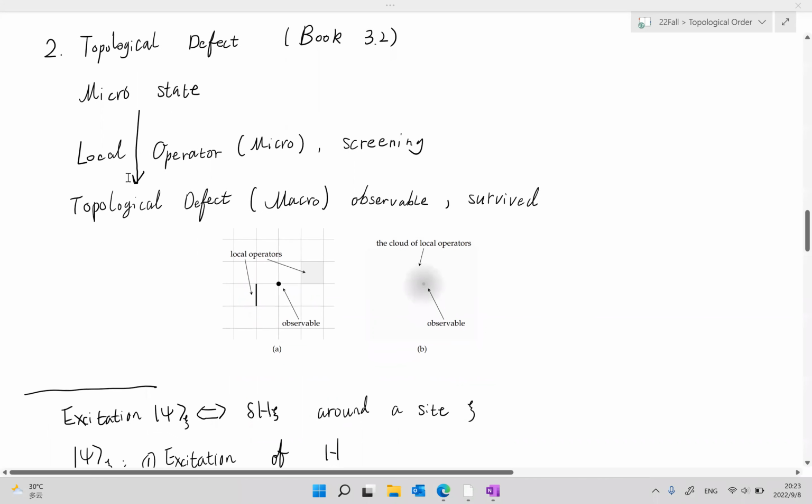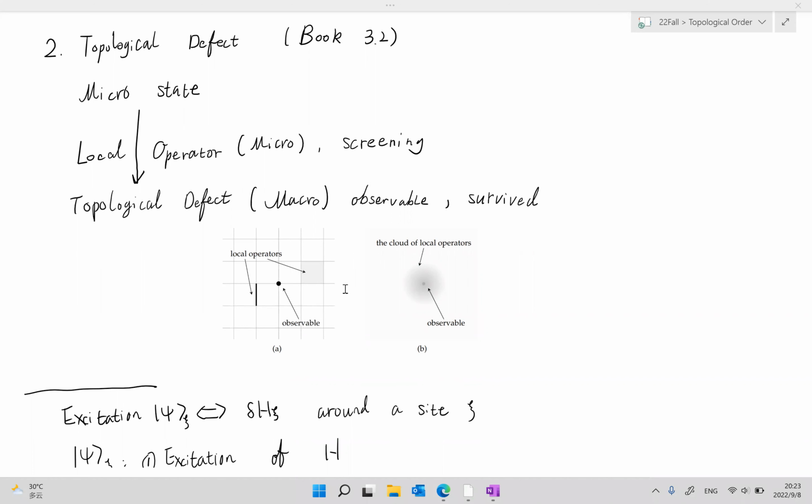Okay, so this picture says this. These things, sigma x, y, z, or these plaquettes, are all local operators. They are bounded in some finite region, and we have some observable.